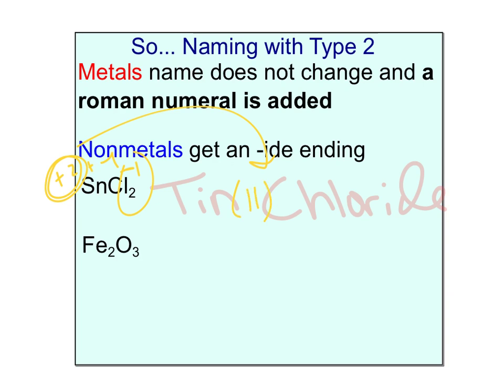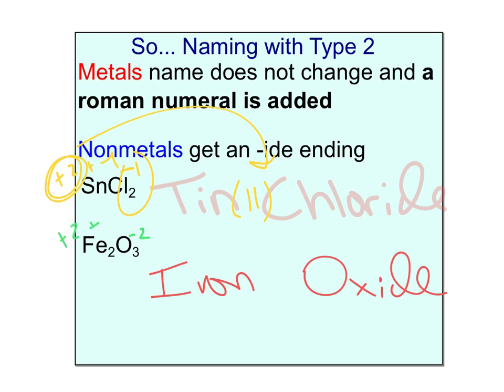For the next one, Fe is iron, so I'll start off with iron. Oxygen, I'd put oxide. And now, since iron is one of those metals with multiple charges, I'll do the backwards math again. Oxygen has a charge of -2, and iron can be +2 or +3. This one's going to be a little bit harder.